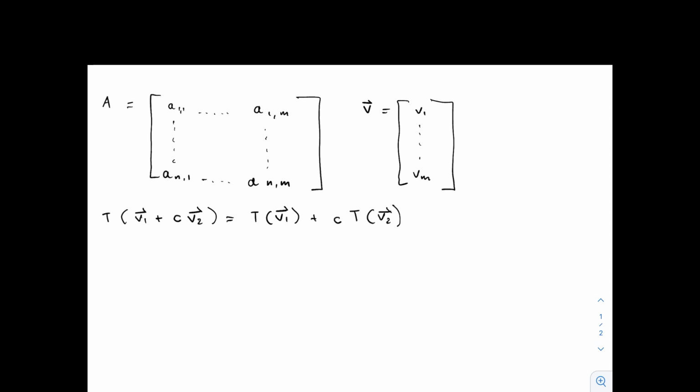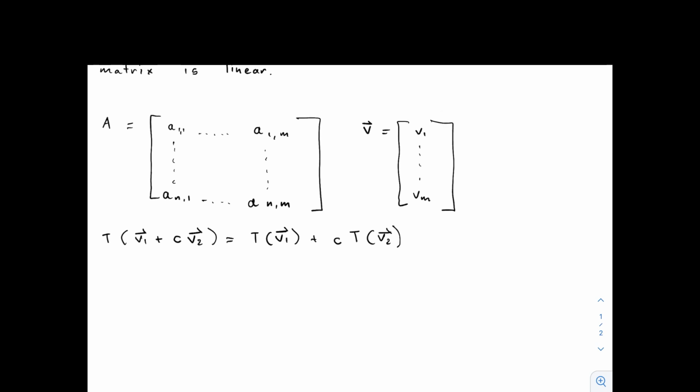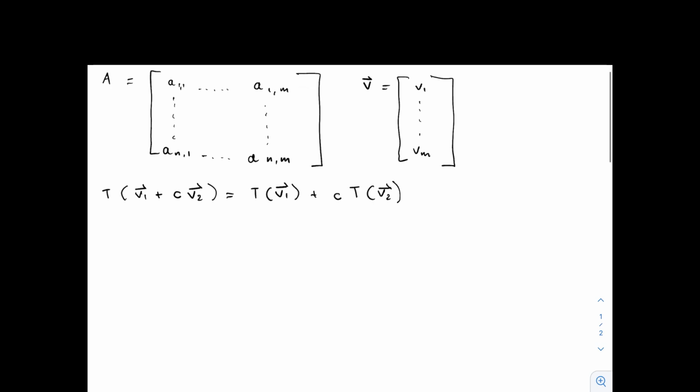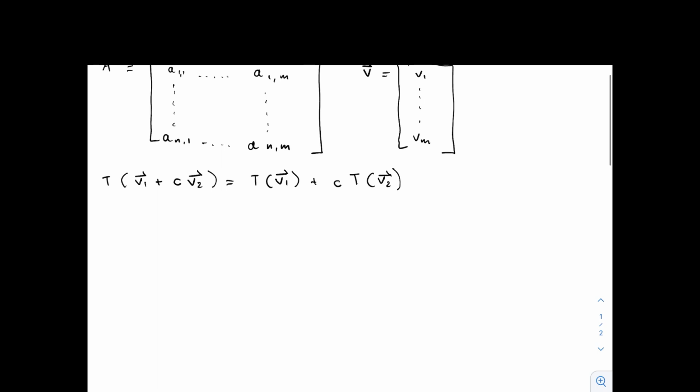So if we can demonstrate that multiplication of this matrix A by this vector v preserves this kind of relationship, then we've gotten what we want, and we can break it up into two separate pieces. Well, as a reminder, the standard way of multiplying can be described as follows.